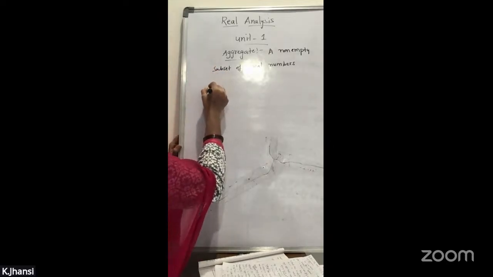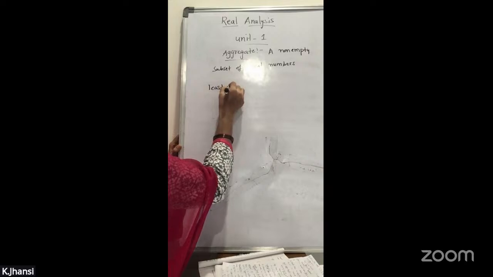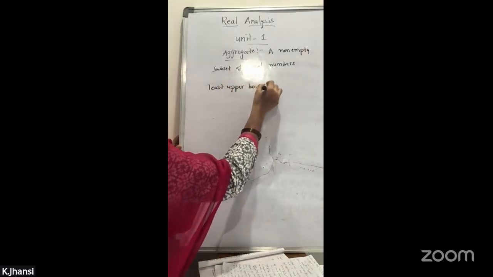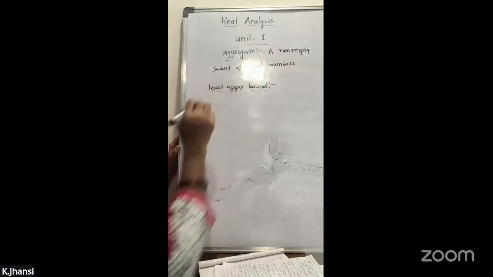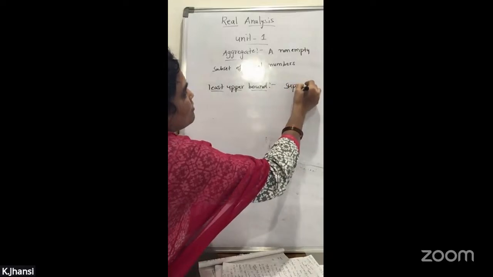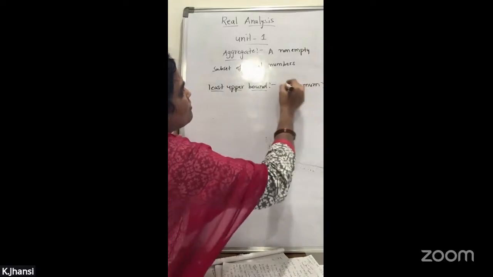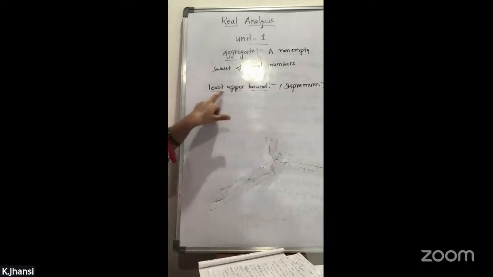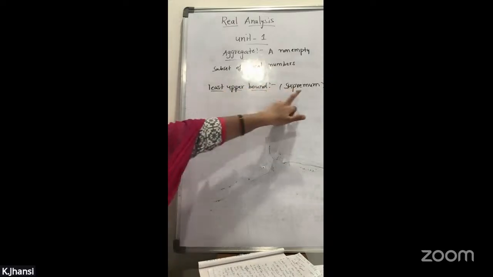Least upper bound, or else we call it a supremum. Supremum means least upper bound. Among all the upper bounds, the least element is called the supremum.